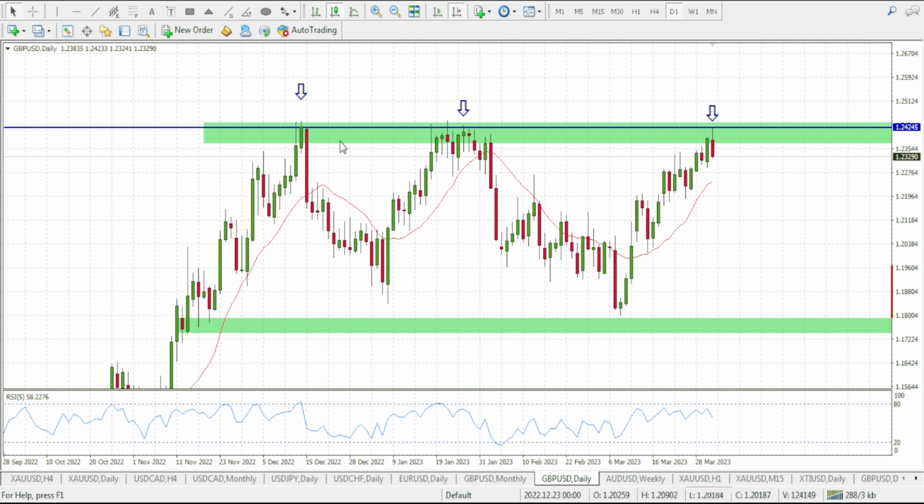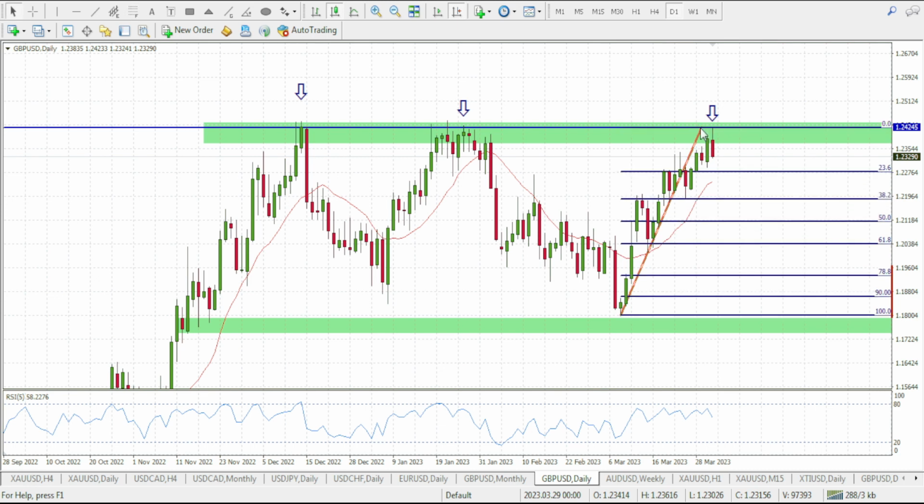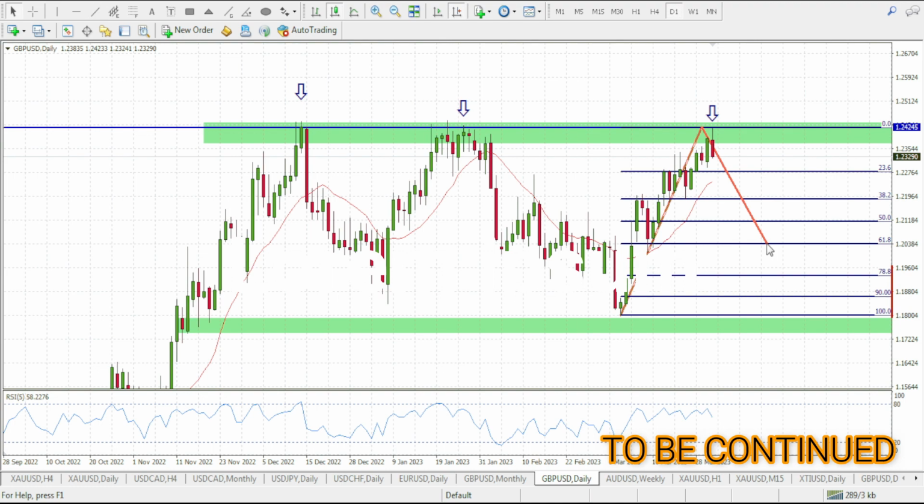And what I will do is, obviously I will find my impulsive wave right here. The impulsive wave will have its own 61.8% retracement.